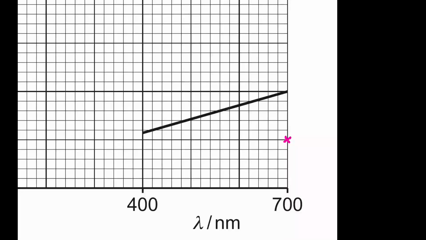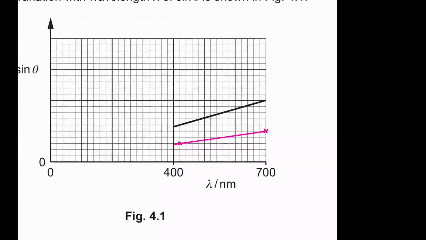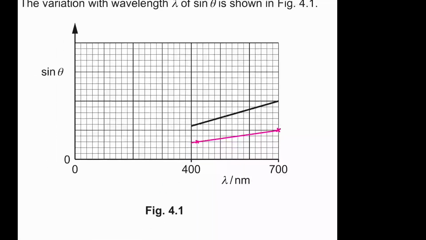So connect them. For each lambda value, half the sine theta value. That will give you the graph with half the gradient. If you have any questions, please stop.